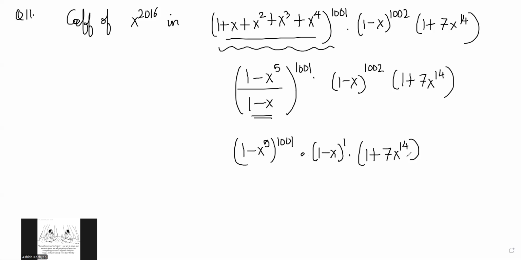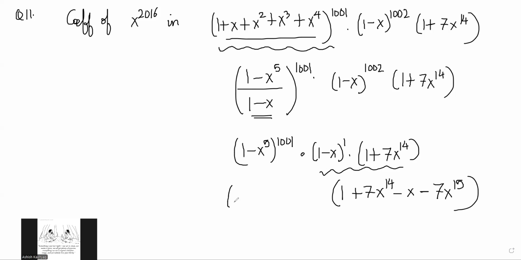Now we can multiply these two terms and we'll get 1 + 7x¹⁴ − x − 7x¹⁵, and we have (1 − x⁵) to the power 1001 here, right? So what is the general term of our series here?